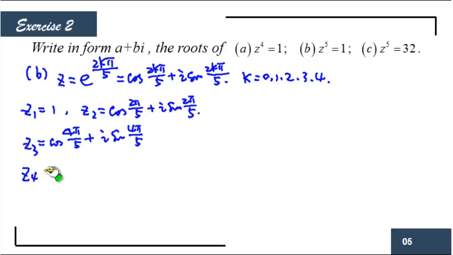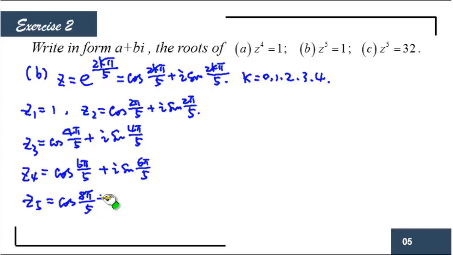Next one. Each time the angle will increase by 2π over 5. i sine 6π over 5. The last one is cosine 8π over 5 plus i sine 8π over 5.